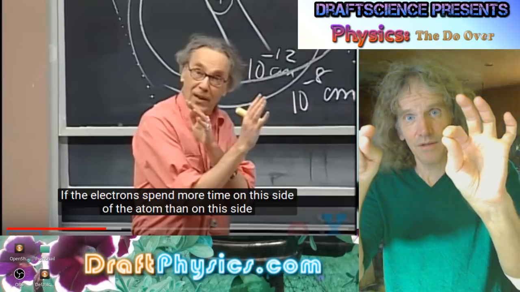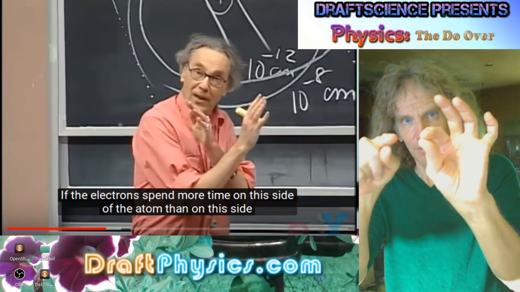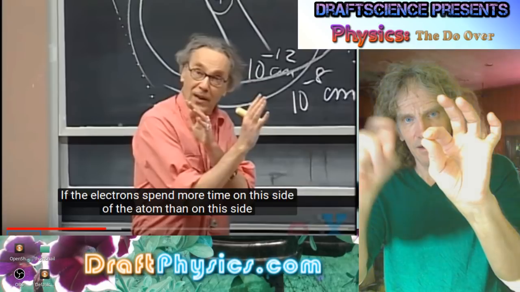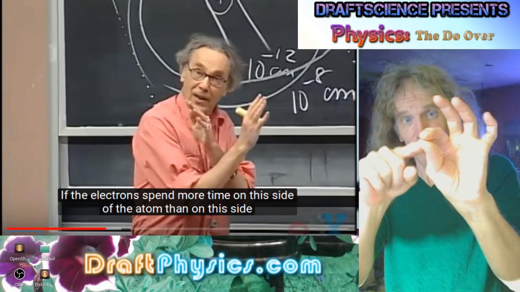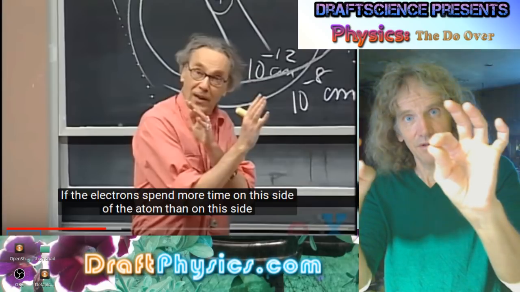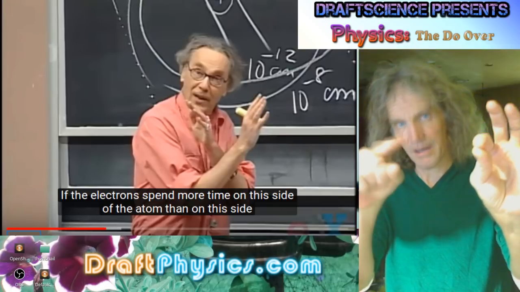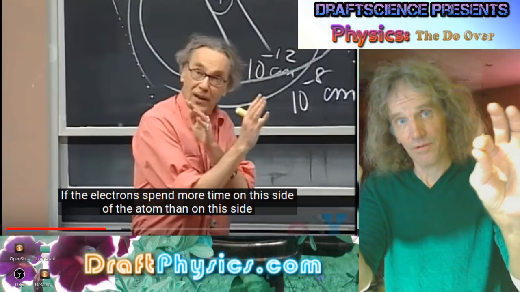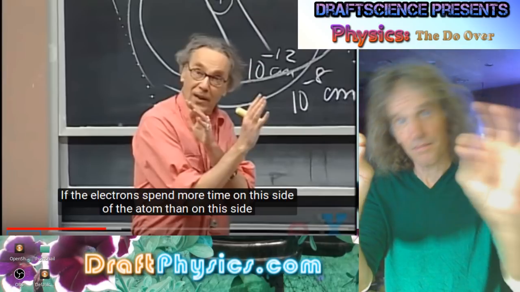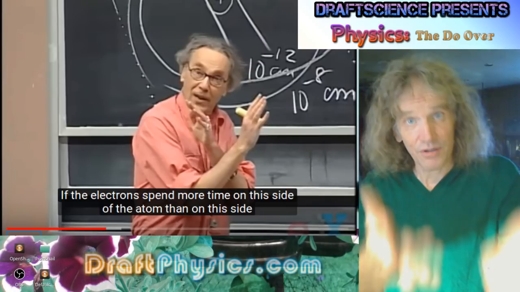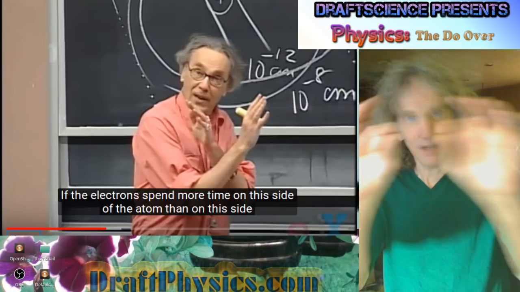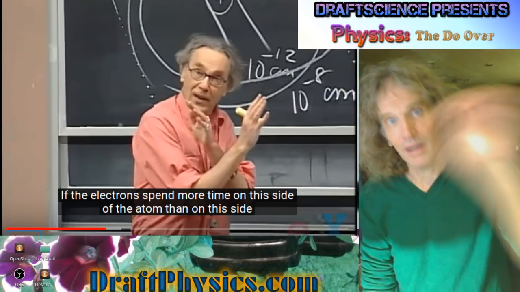If I move the electron closer to the proton, then the proton is the dominant force. If I move the proton further away from the electron, now the electron is the stronger force. So I change what the atom looks like by changing the distance between the proton and the electron.